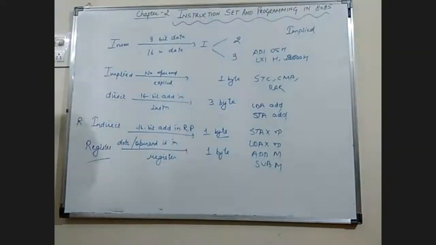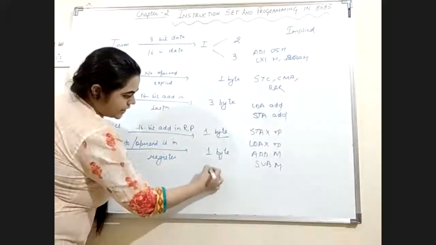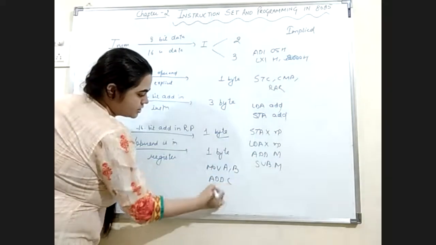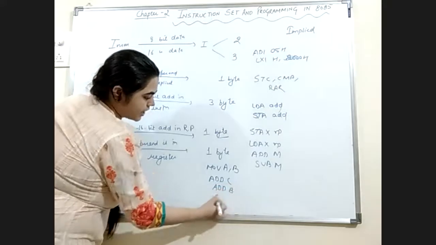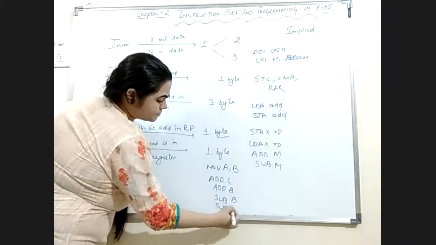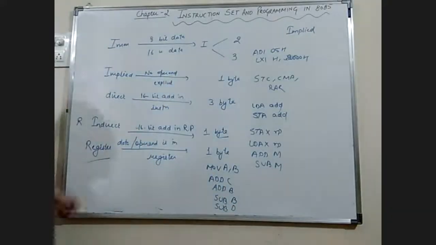If M is given in the instruction, that means again that instruction is of indirect type. Register addressing mode like MOV A, B, ADD C, ADD B, SUB B, SUB D, etc. So these instructions come under the register addressing mode. Now students, this is the addressing mode.